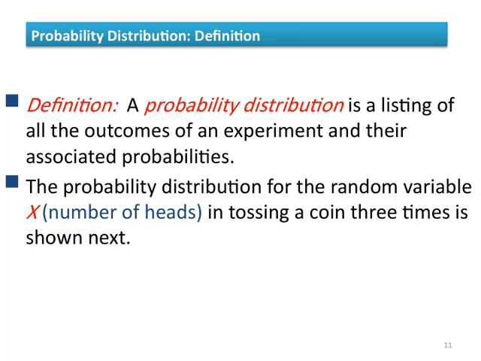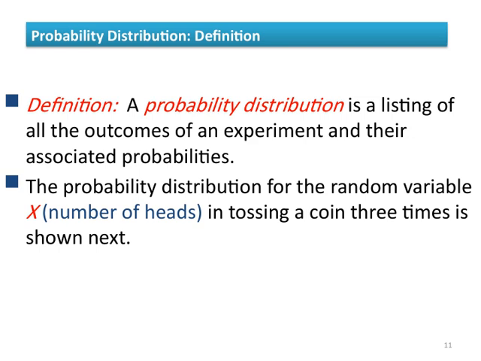Let's start by understanding what a probability distribution actually is. Essentially, it's a complete listing of all the possible outcomes of an experiment, along with their associated probabilities. This helps us see the likelihood of each outcome occurring. For example, in the case of tossing a coin 3 times, the experiment involves flipping the coin 3 times and counting the number of heads. The probability distribution in this context shows us all the possible numbers of heads we can get, like 0, 1, 2, or 3 heads, and how likely each of those outcomes is.